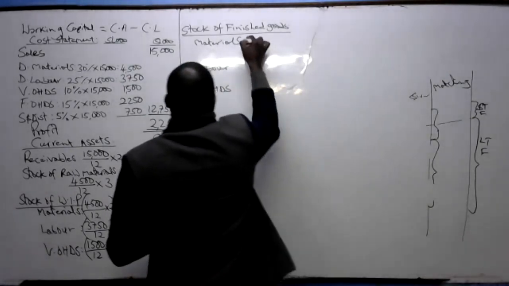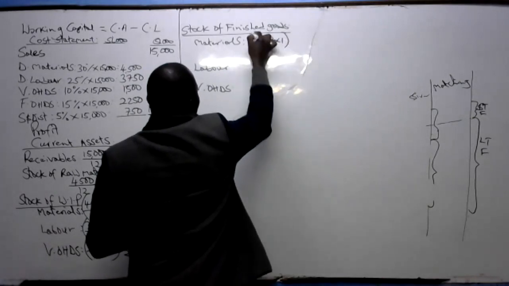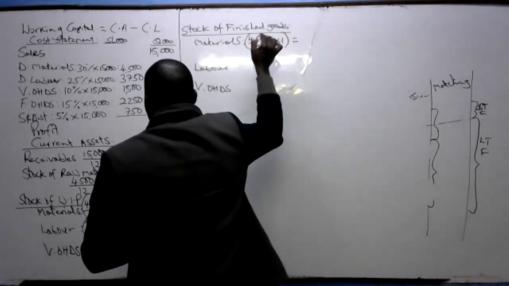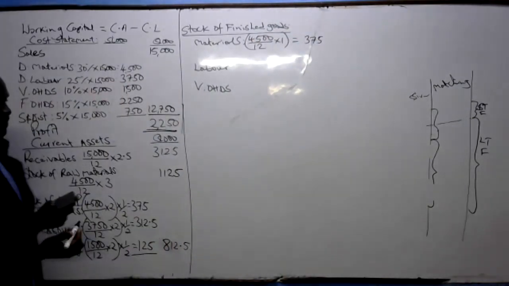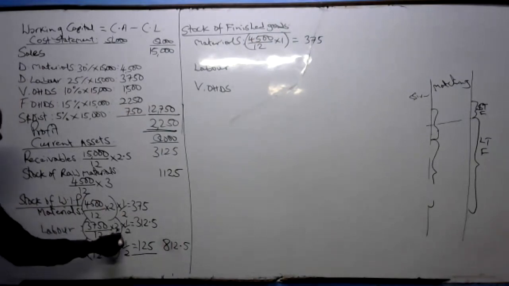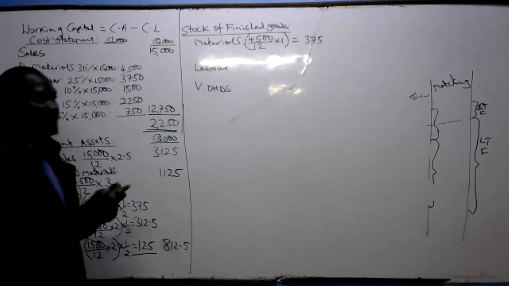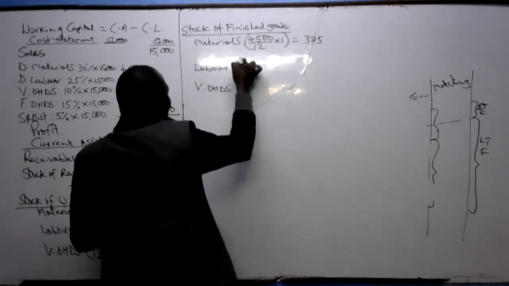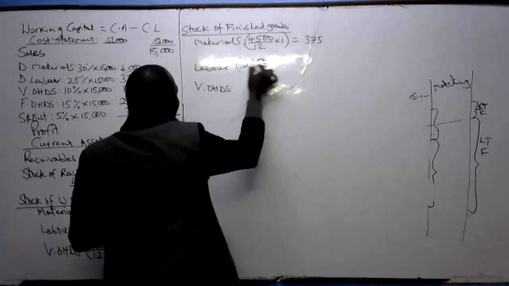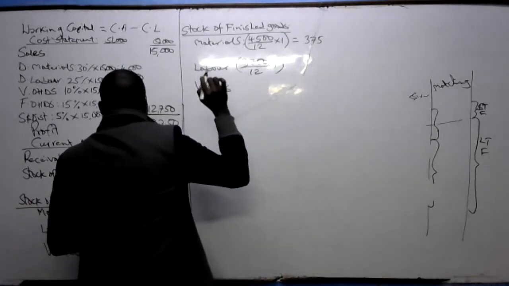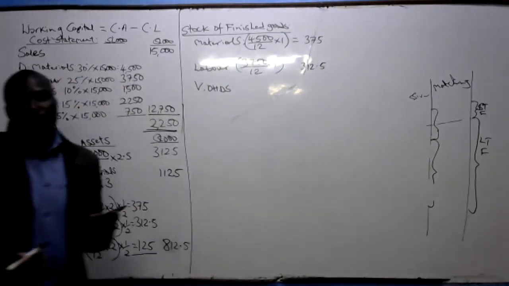4,500 divided by 12 times what? We multiply by 1. Giving us 375. Si hapa ni sawa na hii, because a half of 2 is 1. So this will come back the same thing. Labor nayo 3750 divided by 12 times 1, ambayo ni 312.5 still.